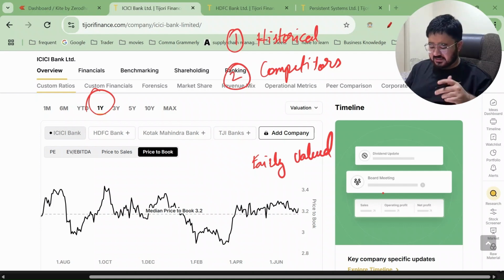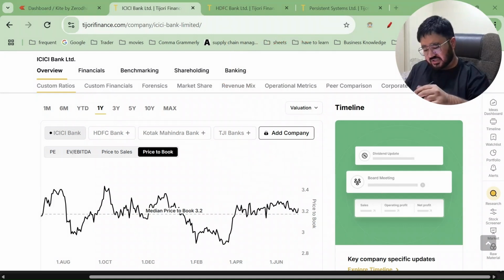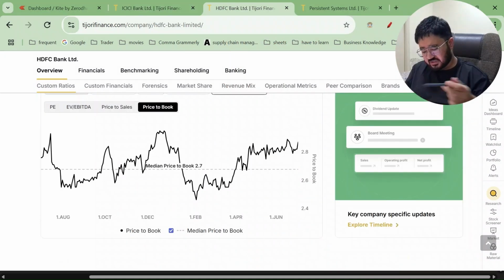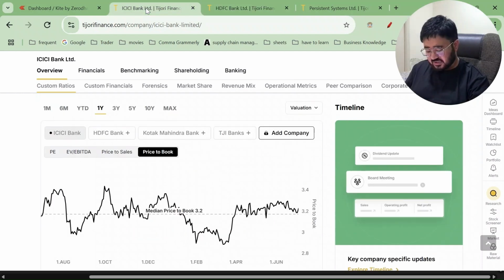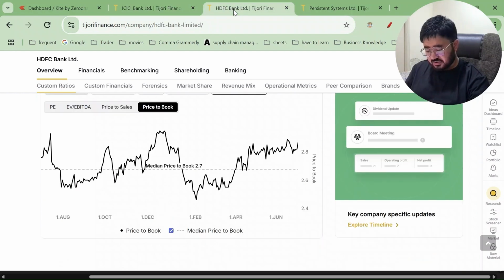Now let's compare it with its competitors. So ICICI Bank's competitor is HDFC Bank. Now let's see what is the ratio of HDFC. HDFC is trading at 2.8 and ICICI was 3.2.